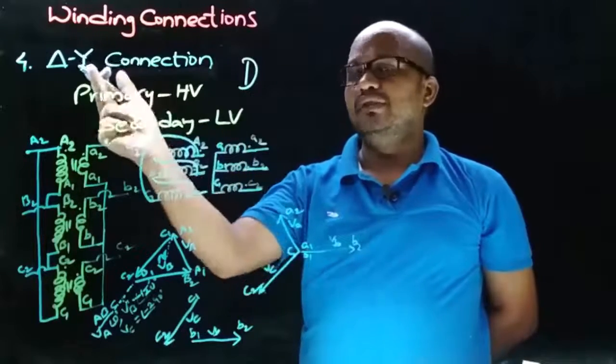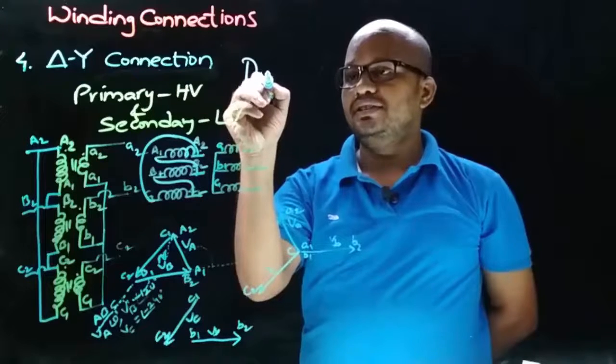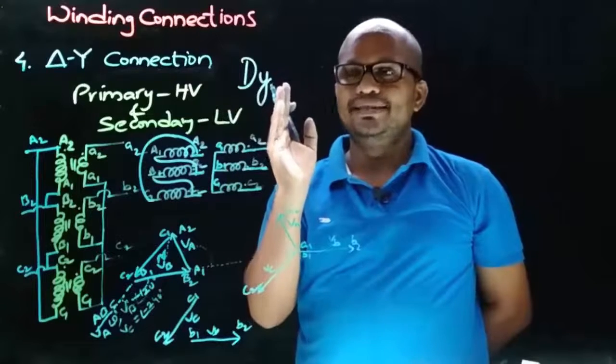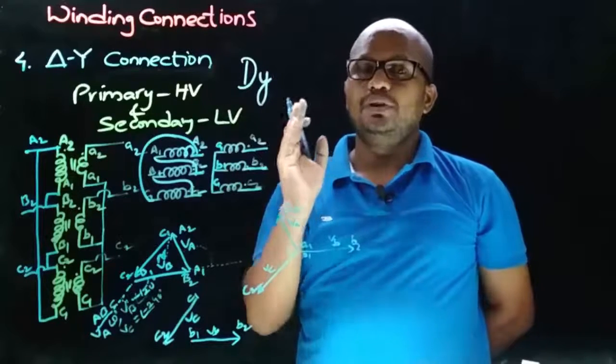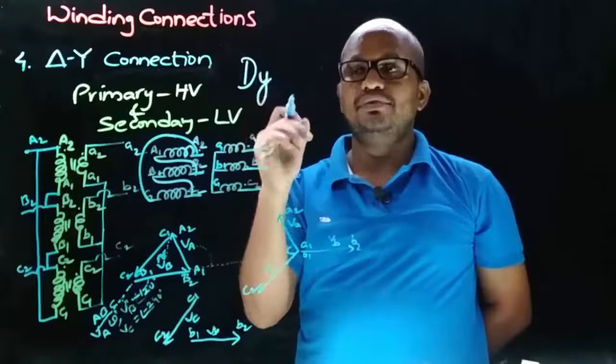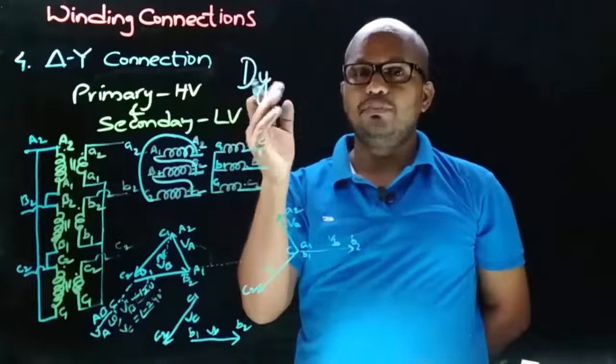So here the LV winding connection is star, and to represent that, the second character is a small y. And the third position of the vector group symbol is a numerical, and that numerical will indicate the LV winding phase to neutral voltage displacement with respect to the HV winding phase to neutral voltage, and that is obtained from clock notation.